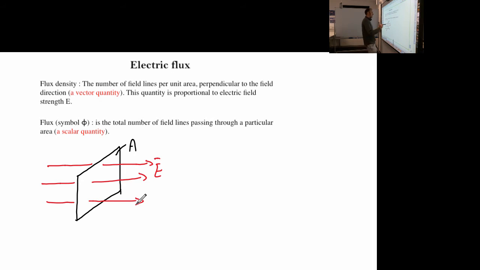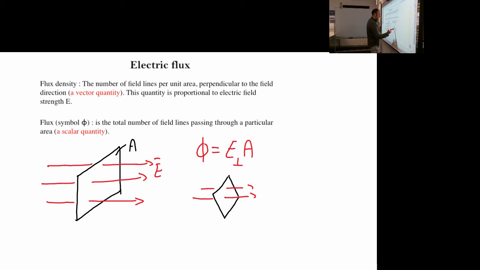Now we can write our flux, which is the total number of field lines passing through a particular area, as E, the electric field perpendicular to that surface, times A. Now suppose we have a surface at some angle, not directly perpendicular to the field lines, with the field lines passing through it again.